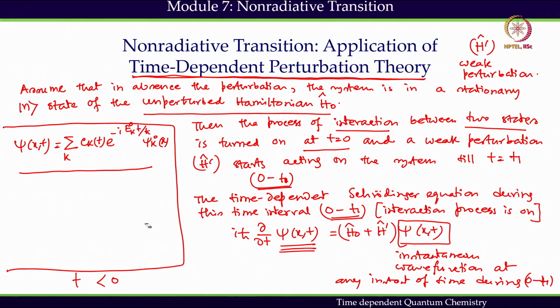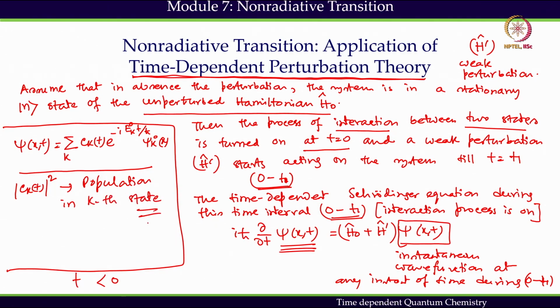In the end, it will give the population. So the square of the absolute value of c_k(t) will give me the population in the kth state.